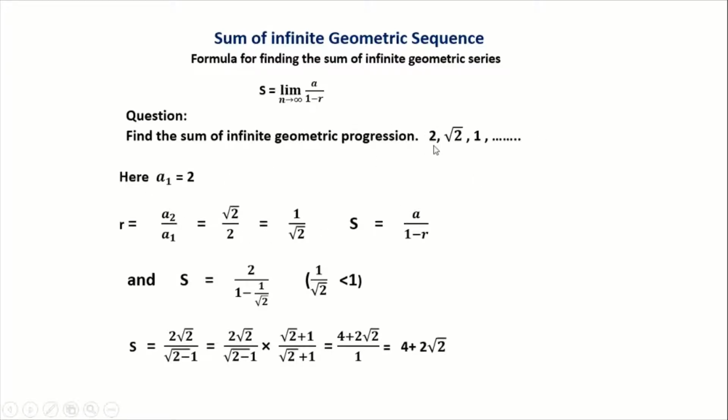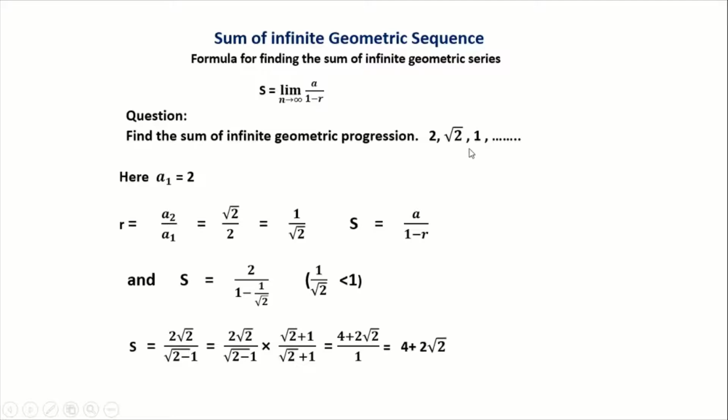The first term is called A1. In all sequences, arithmetic, geometric and harmonic, we name the first term A1. And what is the value of R? In a geometric progression, R is a particular number which we multiply with the first term to get the second term, and multiply the same number with the second term to get the third term, and so on.